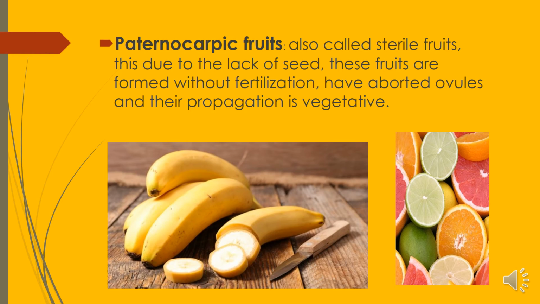A parthenocarpic fruit, also called sterile fruit. Sterile fruit, due to the lack of seed. The fruits develop without fertilization, have an ovary, and their propagation is vegetative. Example, the banana doesn't have a seed.